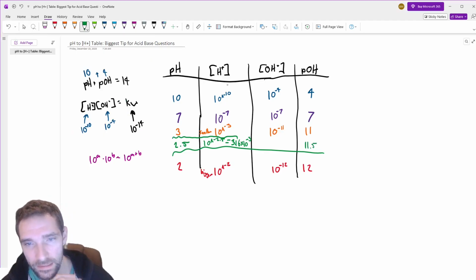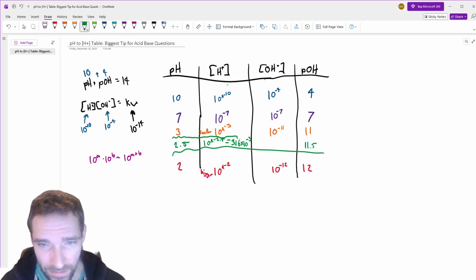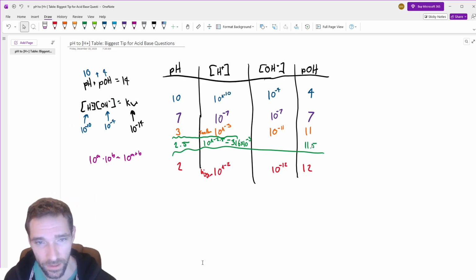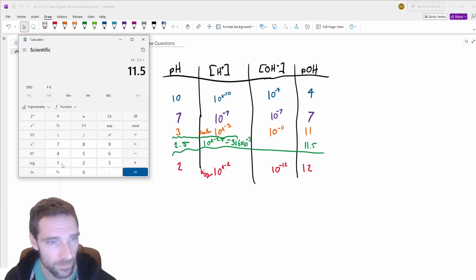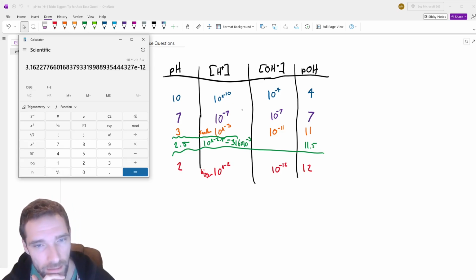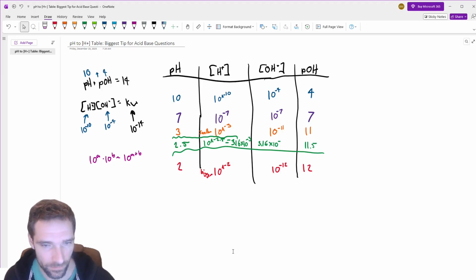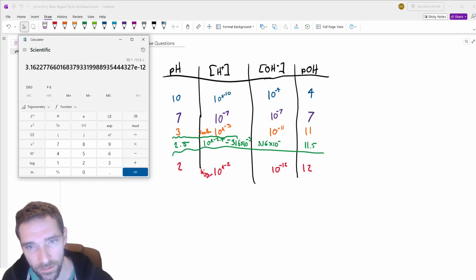And you can see in the context of this table, it's not too bad to think about these numbers. And then the concentration of OH should be 10 to the negative 11.5 power. And I'm getting 3.16 times 10 to the negative, what is that, 12th power?